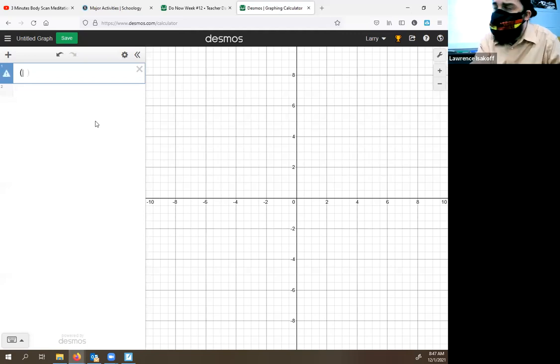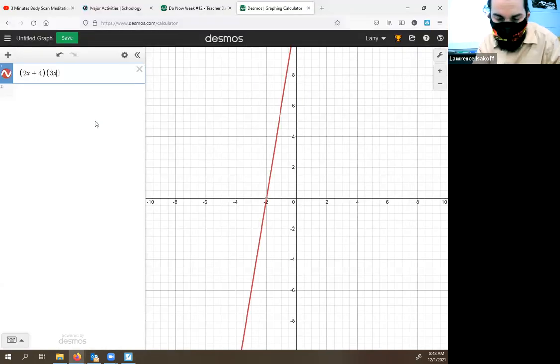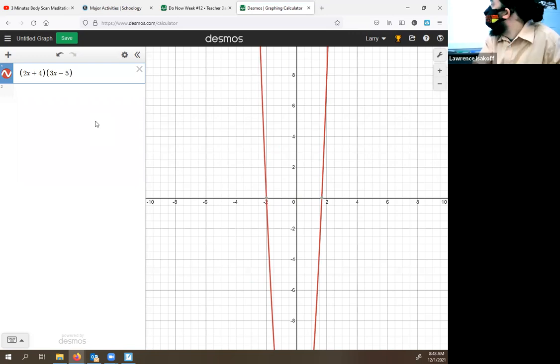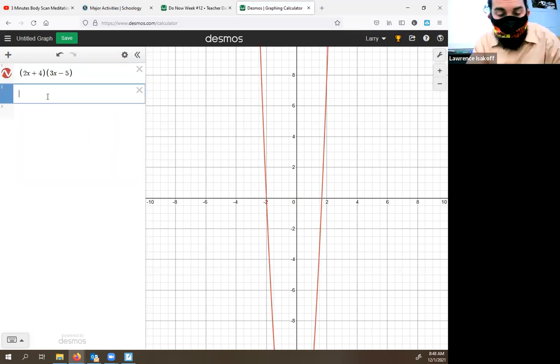So initially it said 2x plus 4 times 3x minus 5. And this is the graph it gives us, okay? So I said my answer was 6x squared.